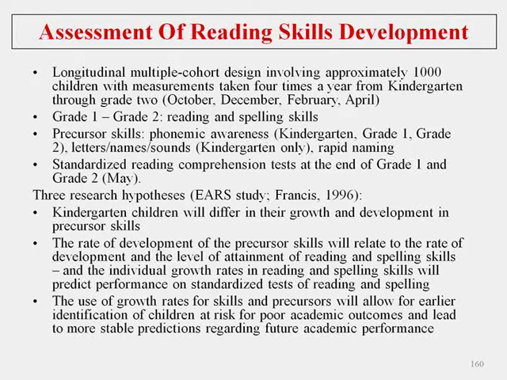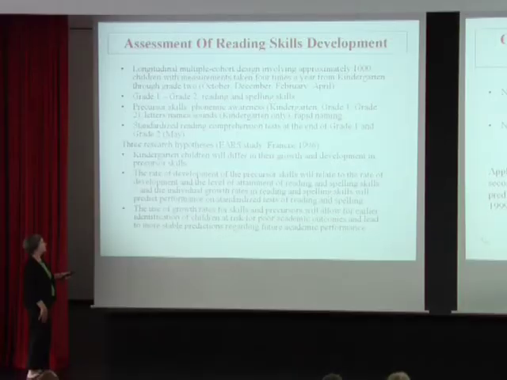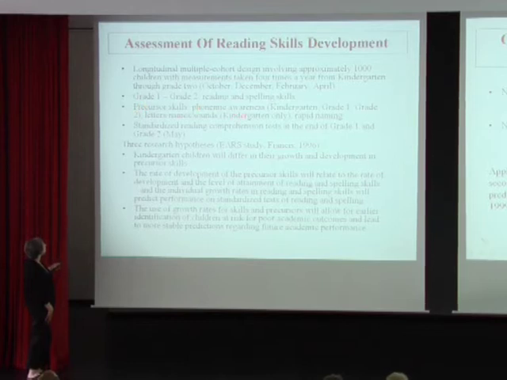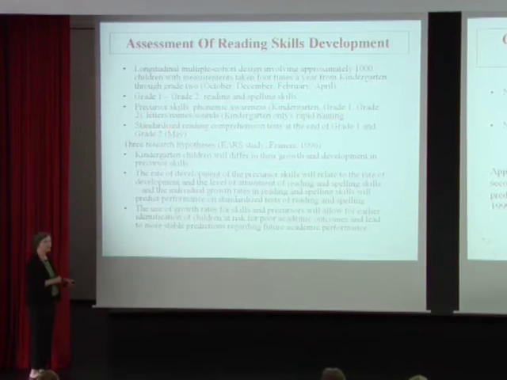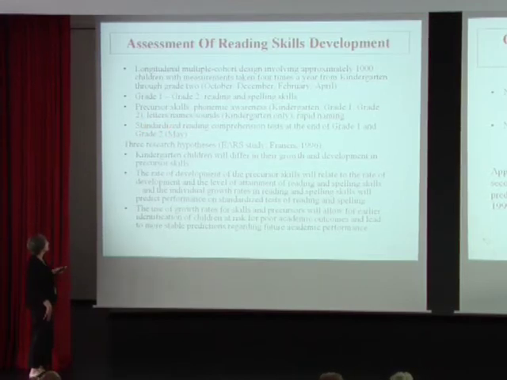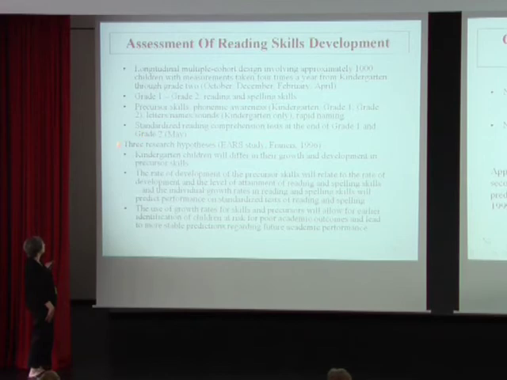So anyway, in grade 1, they take reading and spelling skills in grades 1 and 2. And then in kindergarten, they have phonemic awareness and then a rapid naming variable that we use. They also take a standardized reading comprehension test at the end of grades 1 and 2, which we don't look at. They have 3 research hypotheses, and here's the reference that you can look at for further information.